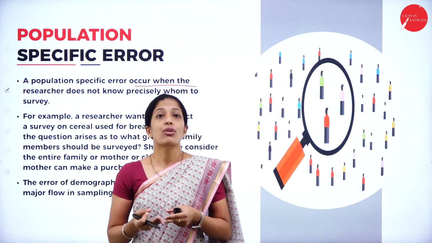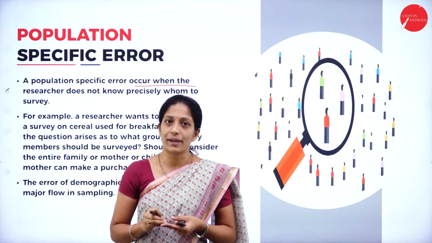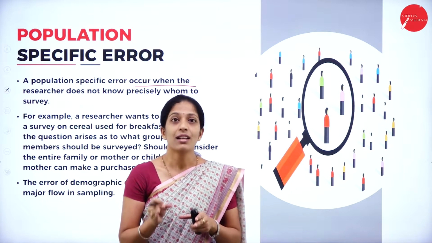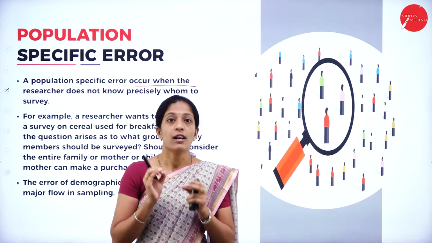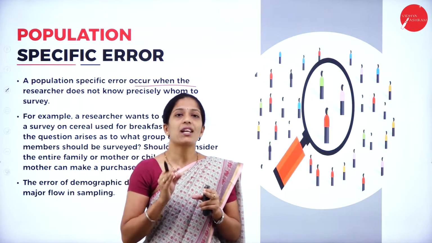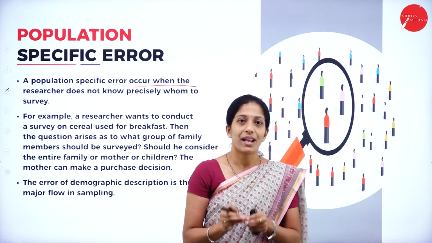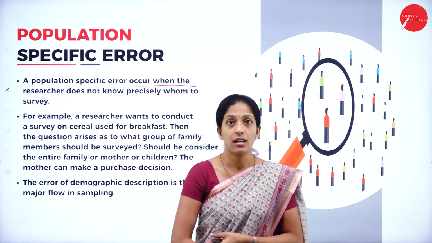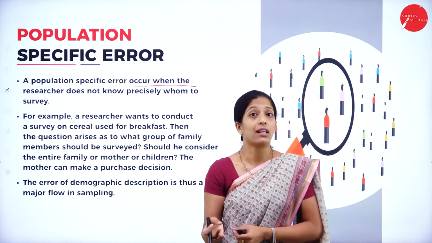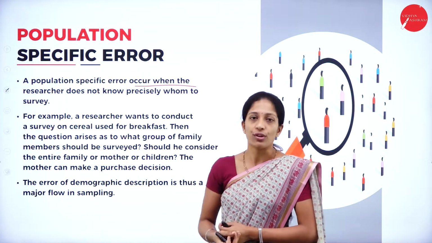If the researcher doesn't know who the population is or from whom the information has to be collected, in that situation he randomly selects the sample, where the sample is totally wrong. So we can't select the sample randomly in certain situations; depending upon the problem or the information the researcher wants, he has to select the sample. Suppose he doesn't know from whom he has to collect the information. In that situation, our sampling goes wrong.